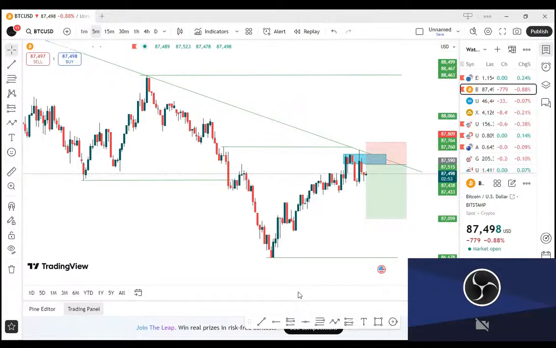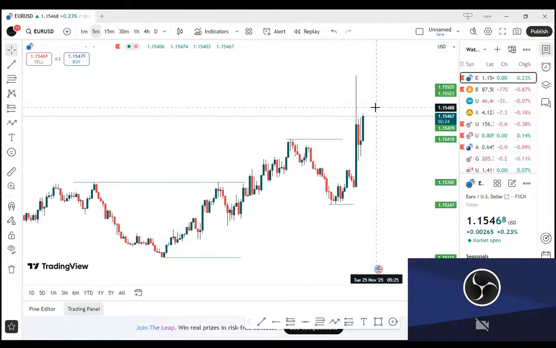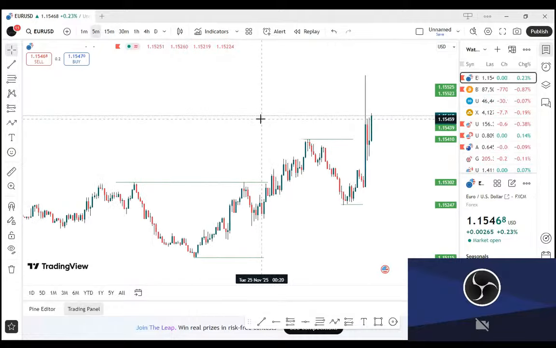Make sure you apply risk management once you are taking a trade. Risk what you can afford to lose. Once price comes there, we take a good risk reward ratio trade and then wait for another opportunity again. I missed that today. I was calculating that price was supposed to reject here. It would have been a very good buy on Euro.